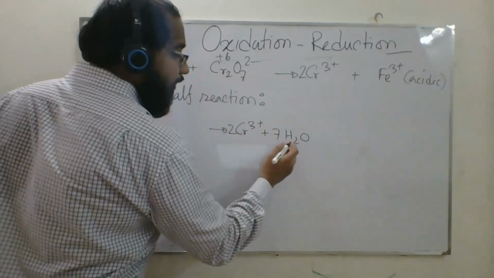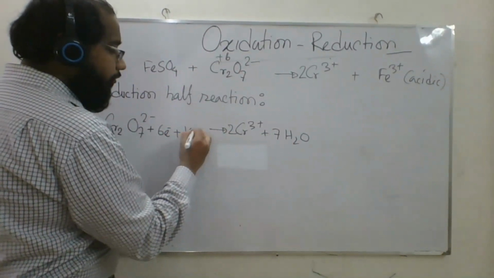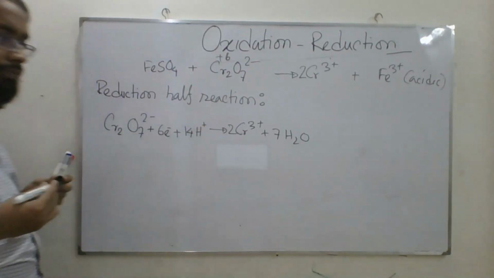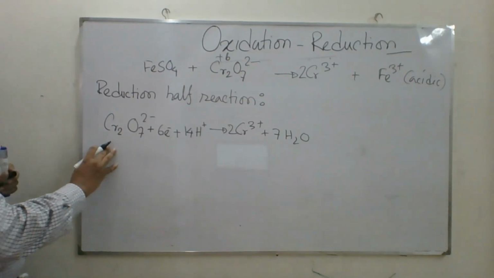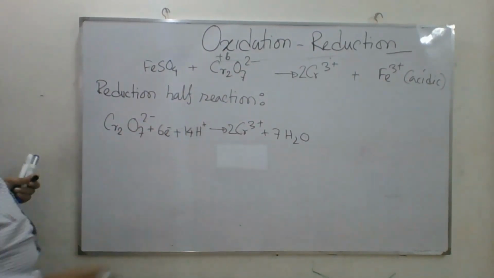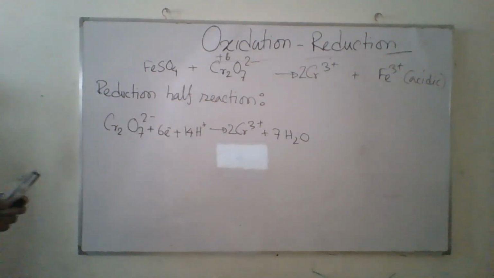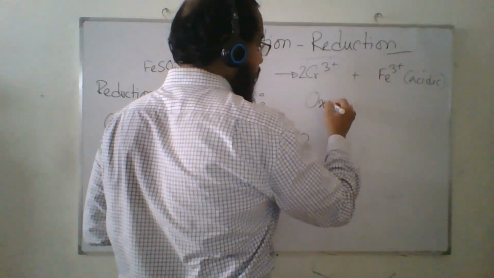Now you can see 14 hydrogen is extra here, so I just keep 14H plus. So now these two sides are balanced, both electronically and chemically.